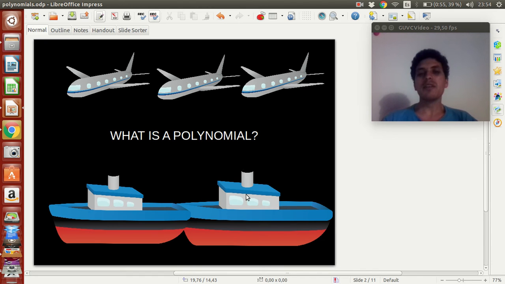Maybe there will be something that can be the same, like a distance, and then the guy is going to tell us, okay, this distance is called x, and then he used the formulas to determine the volume of the 3 planes and the 2 boats. Keep in mind this idea because the definition of polynomials is just this.